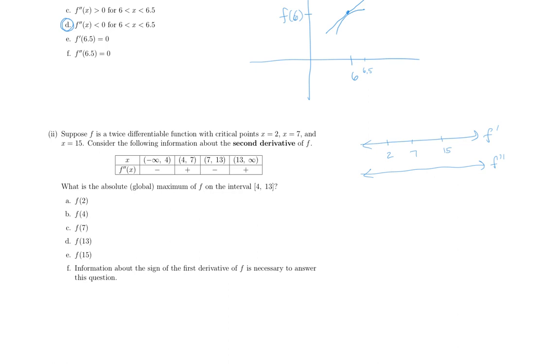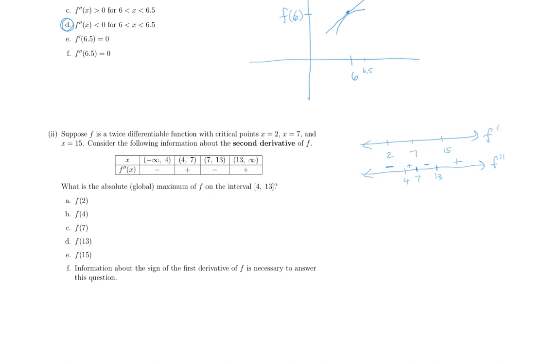I know that it is negative on the interval from negative infinity to 4, positive from 4 to 7, negative from 7 to 13, and positive from 13 to infinity.